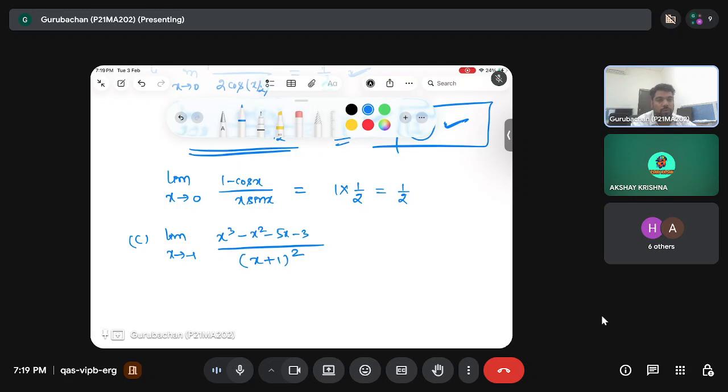So in the case of algebraic expressions, we try to find those factors in the numerator so that they can be cancelled out from the denominator. So if you factorize the numerator, what will be your factorization?